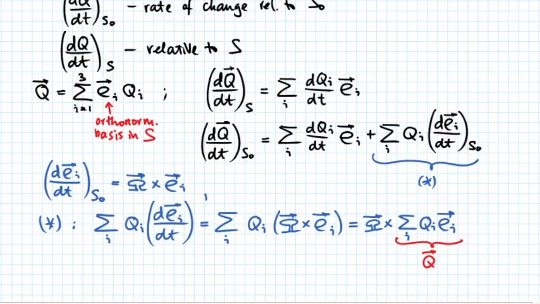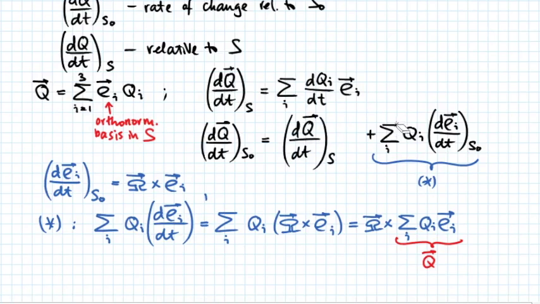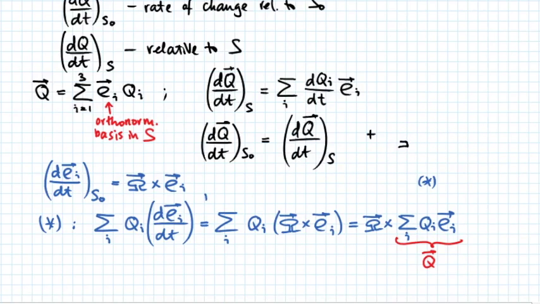So we can go back and simplify the expression above. We note that the first term, this term here, is just the rate of change of q relative to frame S. Whereas the second term we have shown to be angular velocity omega cross the vector q.